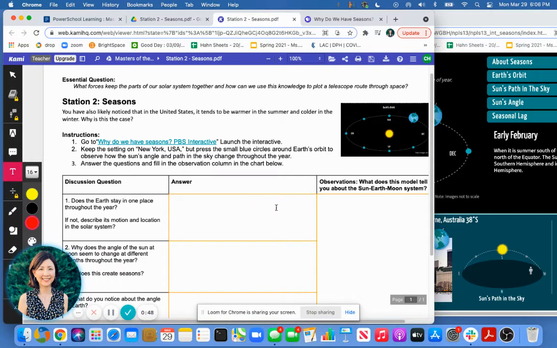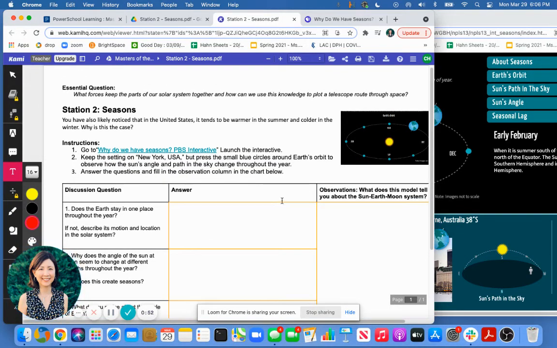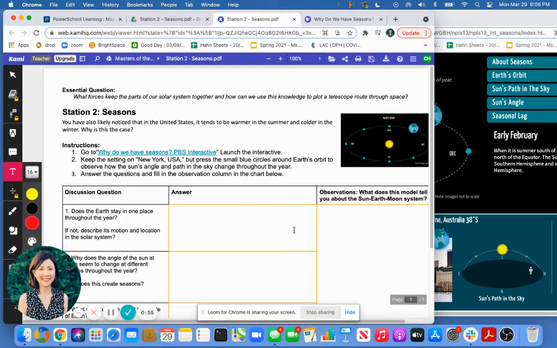In this activity, you're going to learn about seasons, why it tends to be warmer in the summer and colder in the winter. You might know this already, but this is an interesting interactive, and it's going to add to your knowledge about the Earth, the Sun, and the Moon.